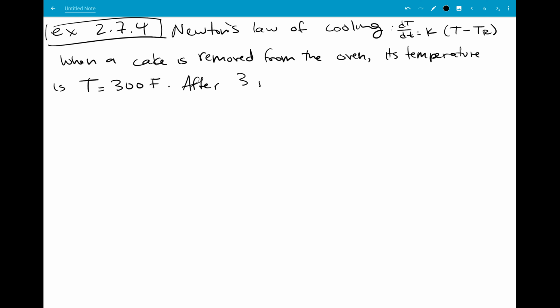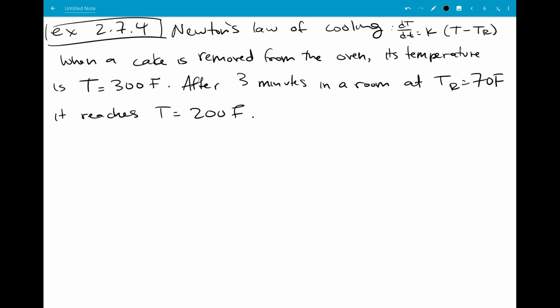After 3 minutes, in a room at 70 degrees Fahrenheit, so the room temperature is 70 degrees Fahrenheit, it reaches the temperature 200 degrees Fahrenheit. And so the word problem asks you how long until it reaches room temperature. But we're going to just turn this into an initial value problem and practice solving it.